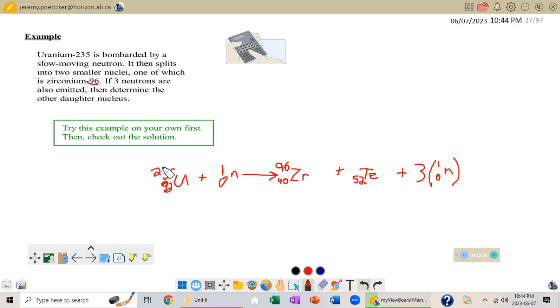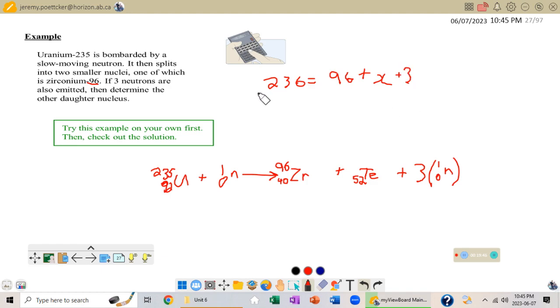So I've got 236 on the left side, and I need to have the same number on the right side. Essentially, if you think about this algebraically, 236 is equal to 96, that is supposed to be a 6, yikes, plus x plus 3.